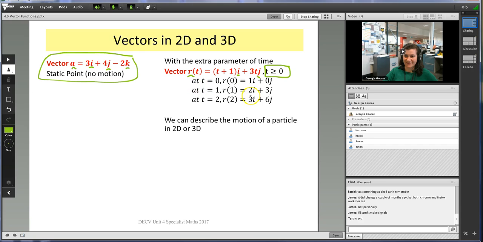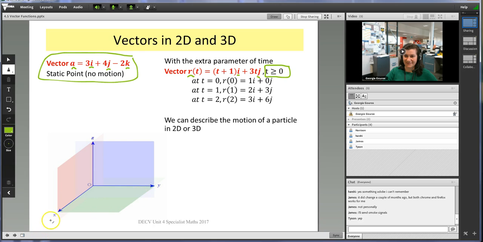So this allows us to describe the motion of this particle in detail with respect to time. So all we have to do is substitute different times into this vector function, and we can evaluate the position at that particular time, so that we can use that to describe the motion of a particle in both 2D and 3D.